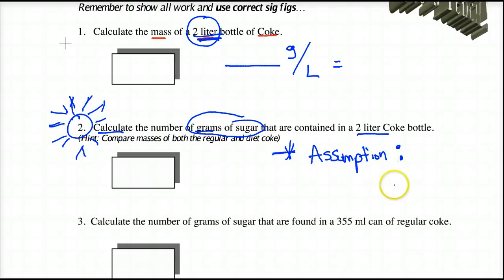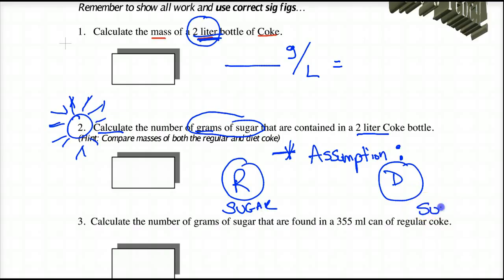The assumption is that regular Coke and Diet Coke have the exact same formula of ingredients, same amount of ingredients, except one has sugar and one does not. So we're going to say the difference in these masses is the sugar.